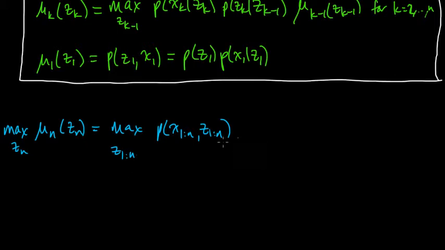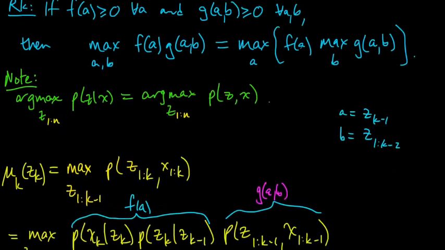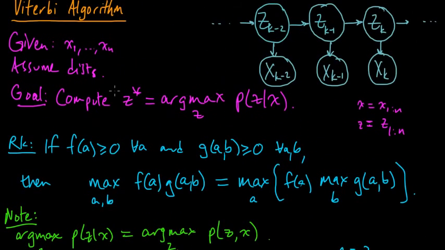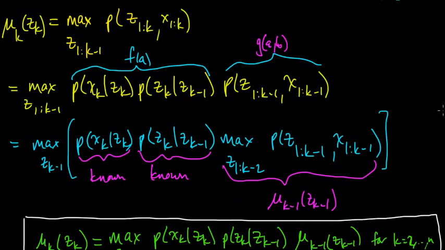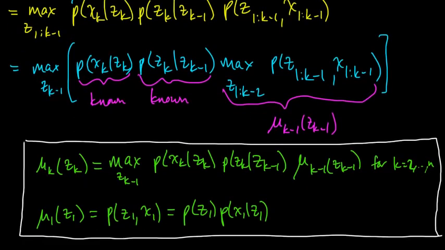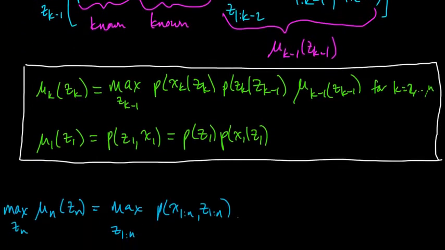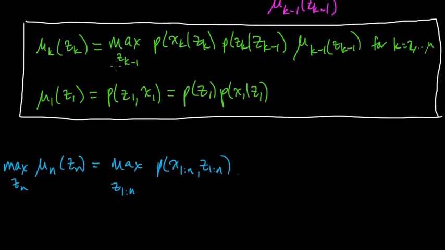Okay, so that's great. So we got the maximizing value, but wait, we wanted the maximizing sequence. We wanted z. We wanted the argmax, not just the maximum value. So how are we going to get the argmax? Well, it turns out that to get the argmax, you can follow essentially the same procedure.